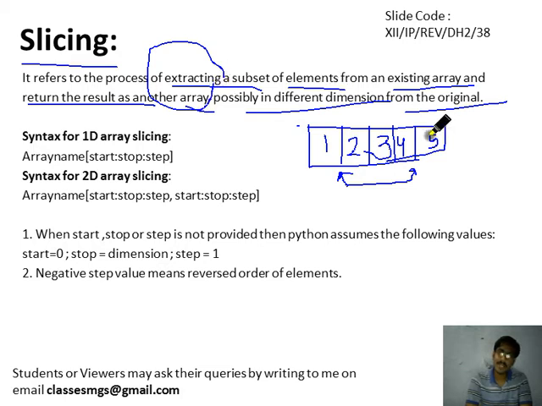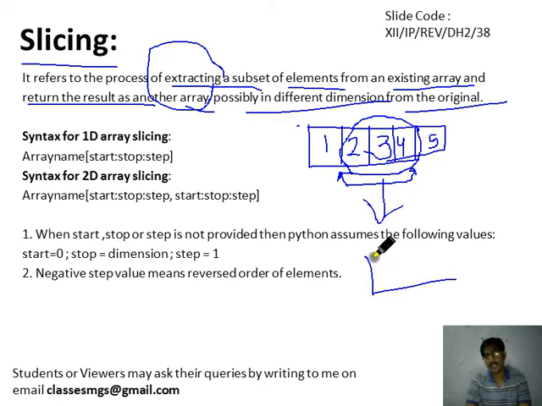Subset means we will extract some portion of this NumPy array into another NumPy array. This concept is known as slicing.